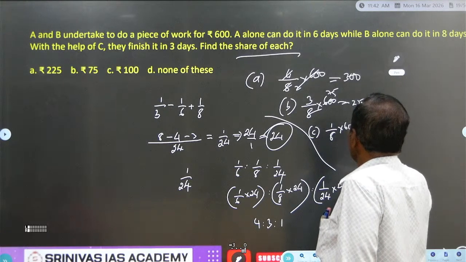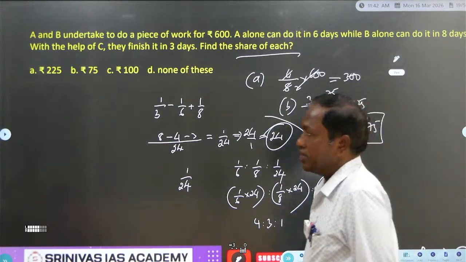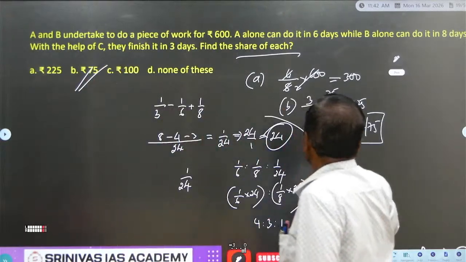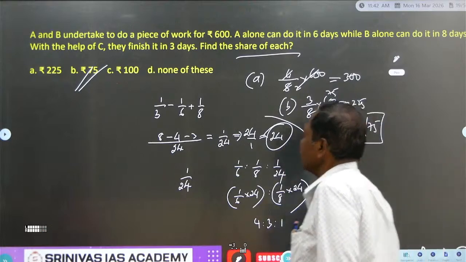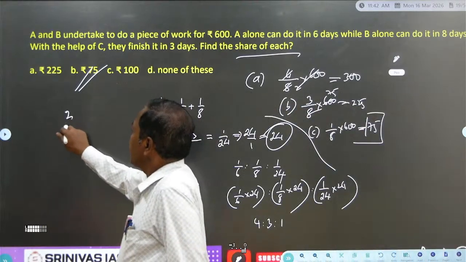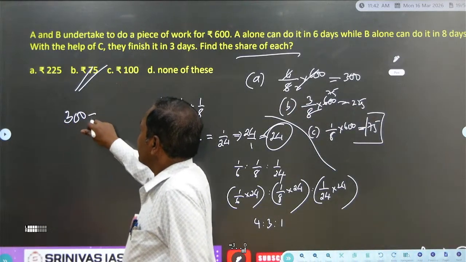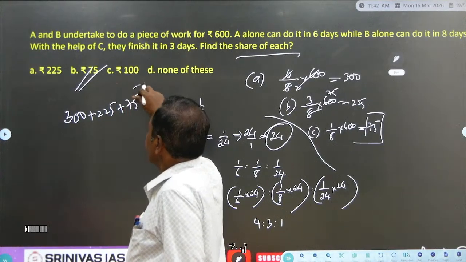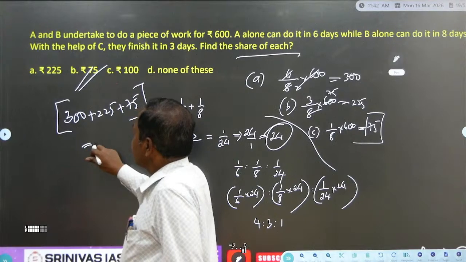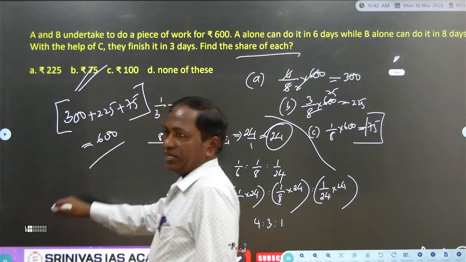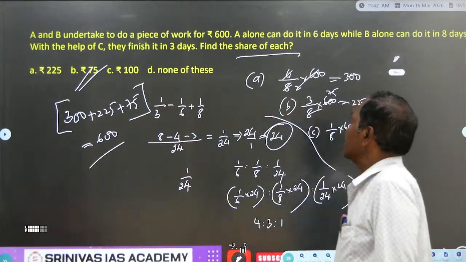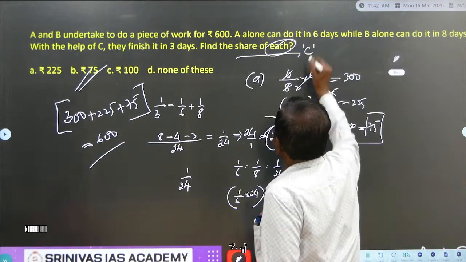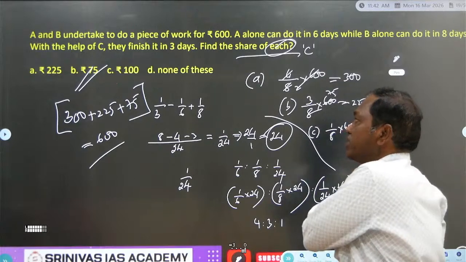Actually find the share of C. But if you see, 300 plus 225 plus 75 is what? 600. That is right. Okay. Anyway, let us see. This is the C actually. Find the share of C.